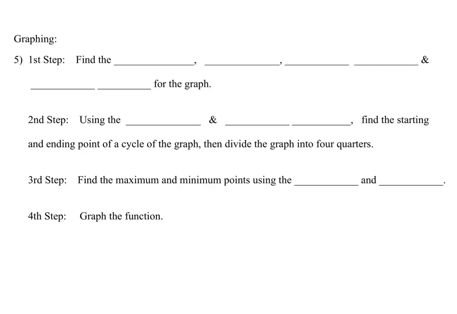All right, so let's go through the steps. You want to find all of those things listed above. You want to find your amplitude. You want to find your period. All right. You want to find your phase shift and your vertical shift.